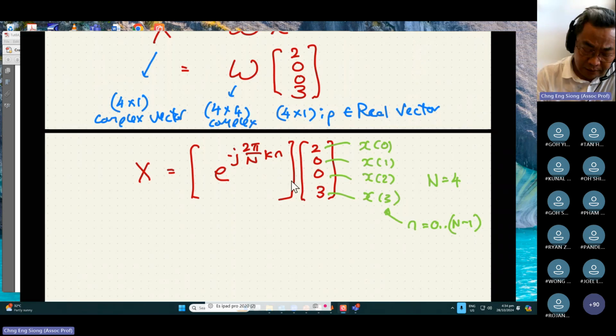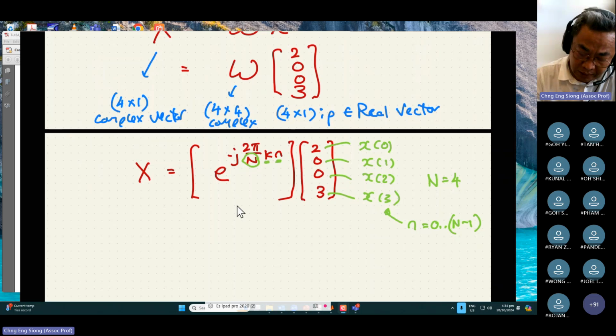If this is the W matrix, now I've given you more information on what the W matrix looks like. So the only unknowns now are k and n, because big N is already given, which is 4. So where am I going to run k and where am I going to run n?